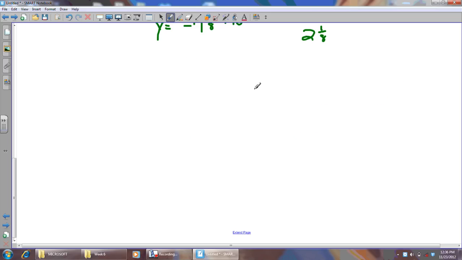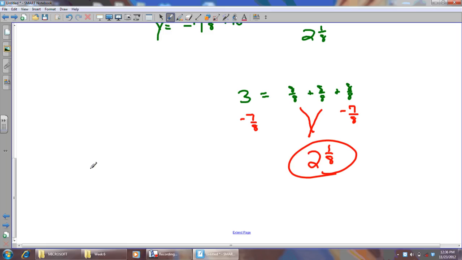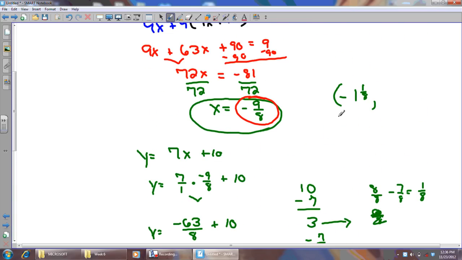I'm thinking of 3 as 8/8 plus 8/8 plus 8/8. Now I have to take away 7/8. Well, these two aren't going to get affected, so that's where the 2 is coming from, see? 8/8 minus 7/8 is 1/8. And there we go. So my y-coordinate is going to be 2 and 1/8.